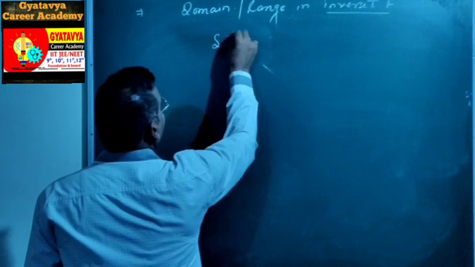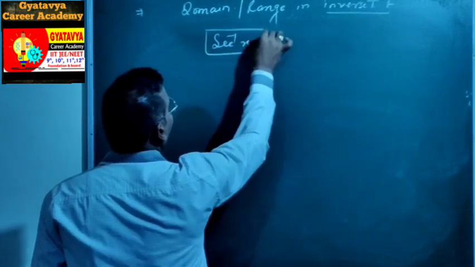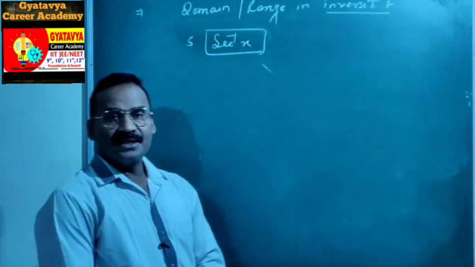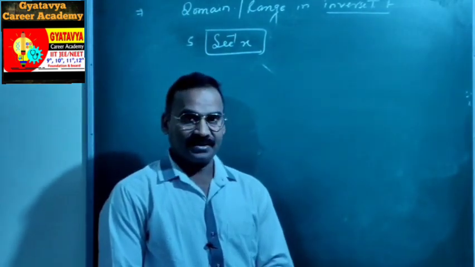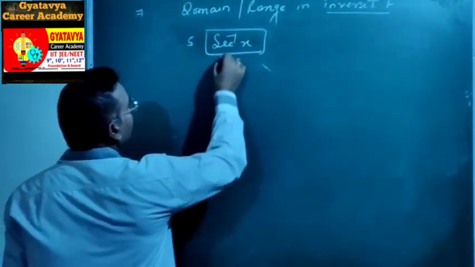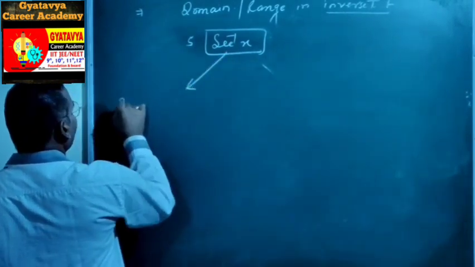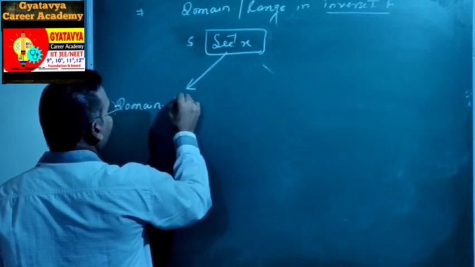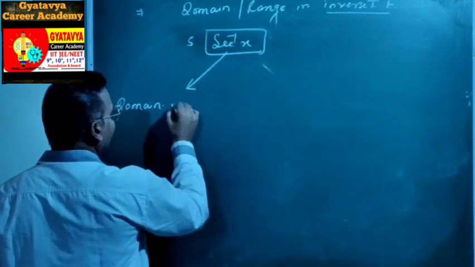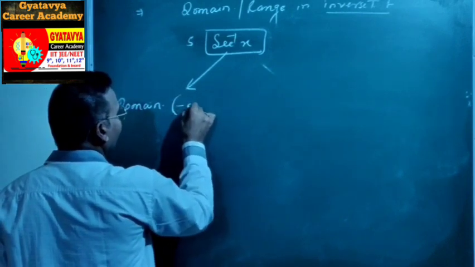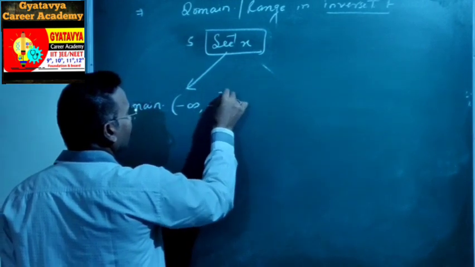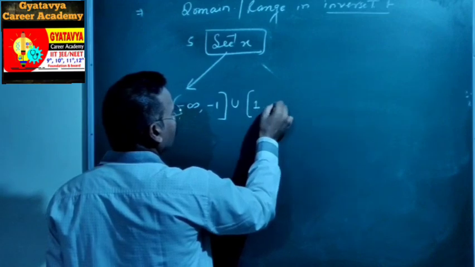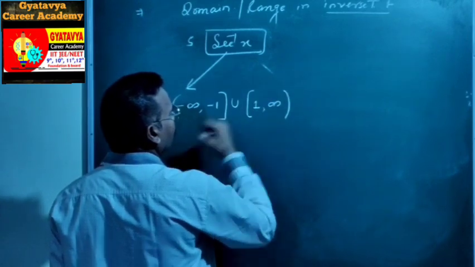sec inverse x. Fifth one is sec inverse x. Sec is the reciprocal of the cos. So the domain of sec inverse x is -infinity to -1 closed, union 1 to +infinity open.